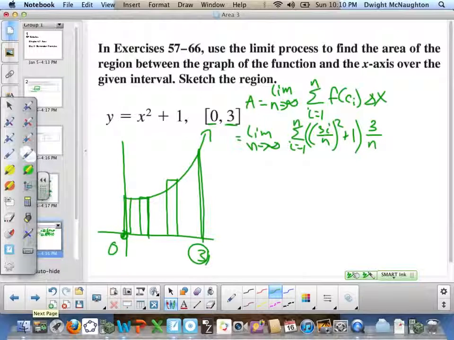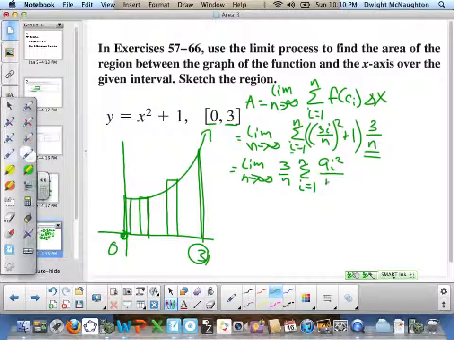All right, we can pull this out right away. So we've got 3 over n, because our variable is i, we can pull that out. And then we want to sum up. If we square this, we get 9i squared over n squared plus 1.